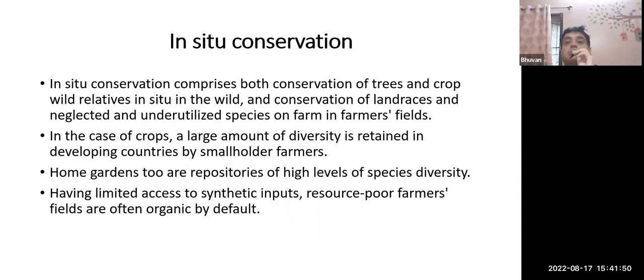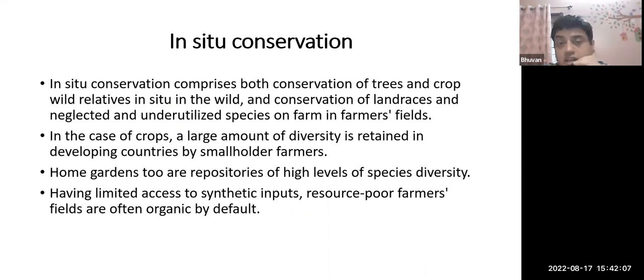Now we come to the in situ and ex situ conservation strategies of the agrobiodiversity. As we have learned in the wild biodiversity, there are in situ and ex situ methods of conservation.